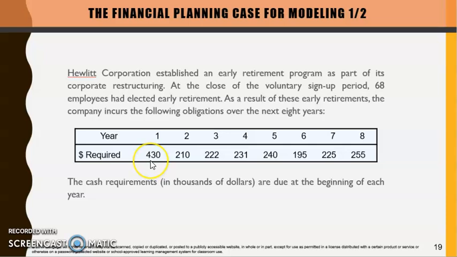So this $430,000, for simplicity, we just ignore the K part and just focus on that 430. So at the beginning of year 1, it means now, they need to pay $430. At the beginning of year 2, they must pay 210. At the beginning of year 3, and it continues like that.